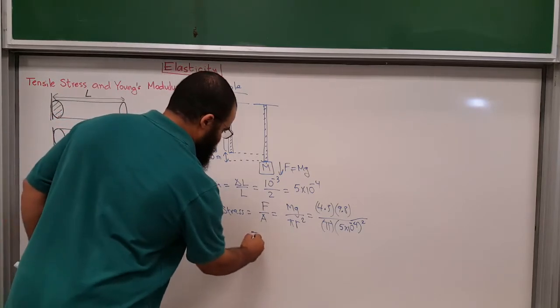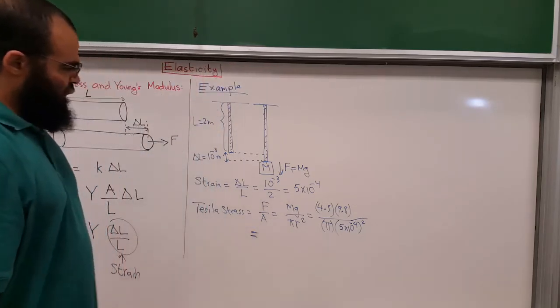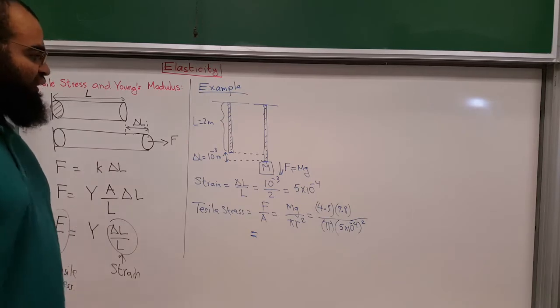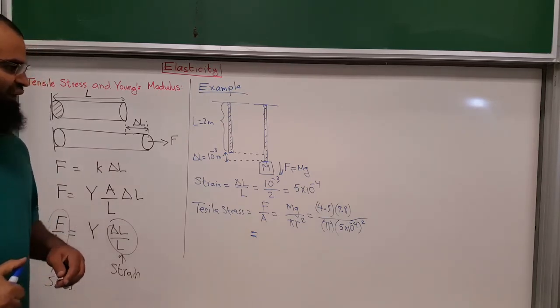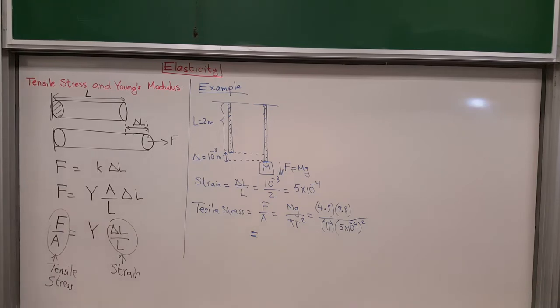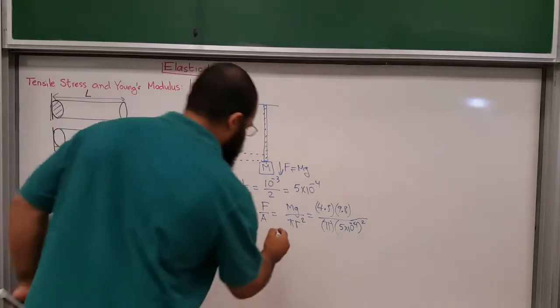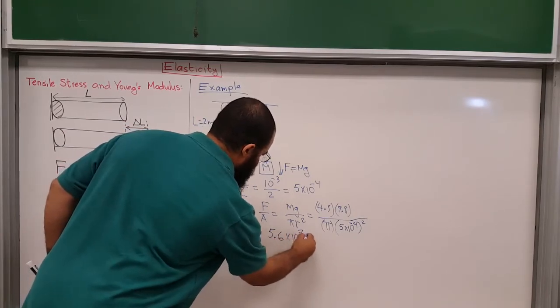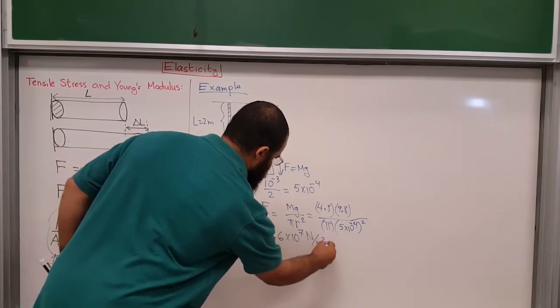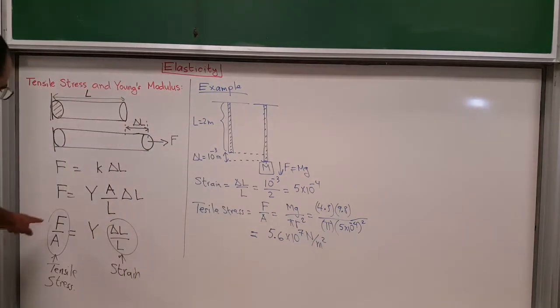For this, we actually have to calculate it. 4.5 times 9.8 over pi over 5 times 10 to the minus 4 squared. It would be a fairly large number. So you get about 5.6 times 10 to the 7 newtons per square meter, which makes sense. It has to be newtons per square meter, force over area.